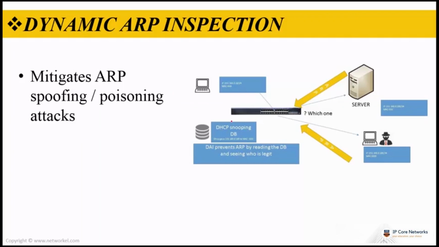And let's take a look at dynamic ARP inspection now, which mitigates ARP spoofing and ARP poisoning attacks. Dynamic ARP inspection is a security feature that verifies the ARP protocol requests and responses in a network. ARP allows hosts within a layer 2 broadcast domain to communicate.